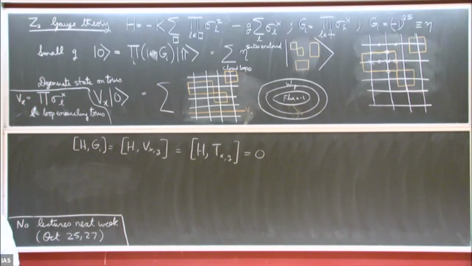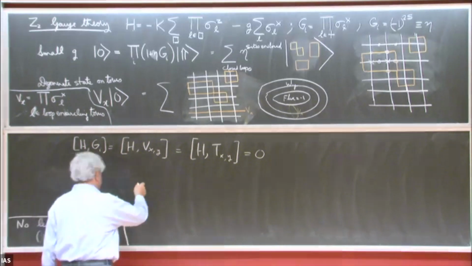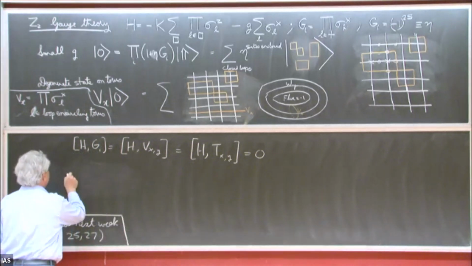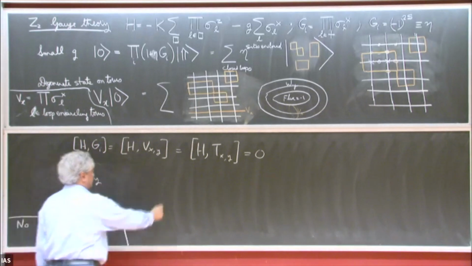Okay. All right, so we take Tx and Vy and ask, well, how does that relate to, let's just try to evaluate Tx and Vy on any state. So here's our lattice.